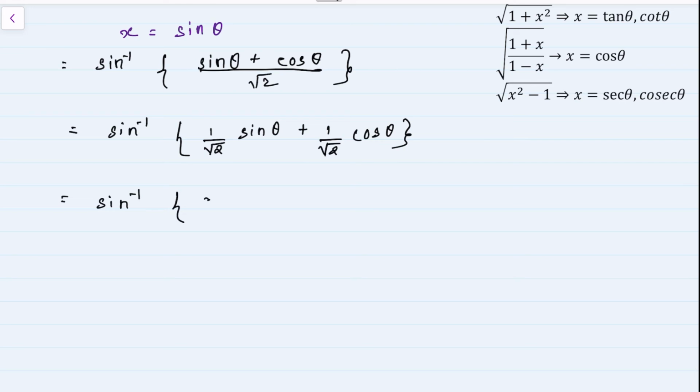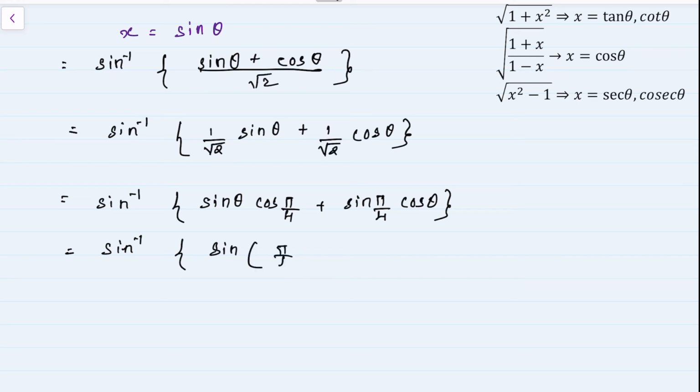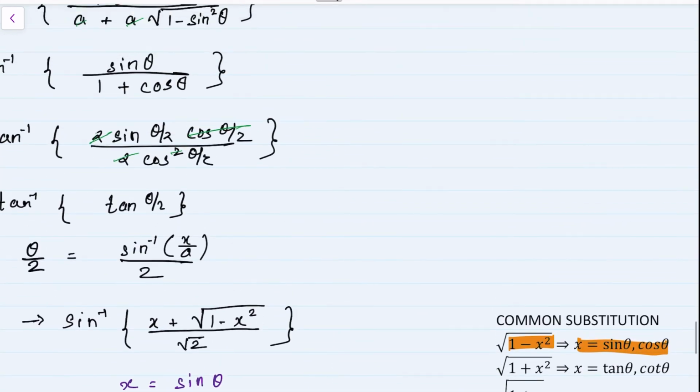So for 1 by root 2 I will write it is equals to cos pi by 4, and in the second term for 1 by root 2 I will write it is equals to sine pi by 4, because now this becomes a formula for sine of alpha plus beta. This is an addition formula. So inside the bracket we can write sine inverse sine of pi by 4 plus theta. Now sine inverse and sine both are inverse of each other. We can remove that, and now we can write pi by 4 plus theta.